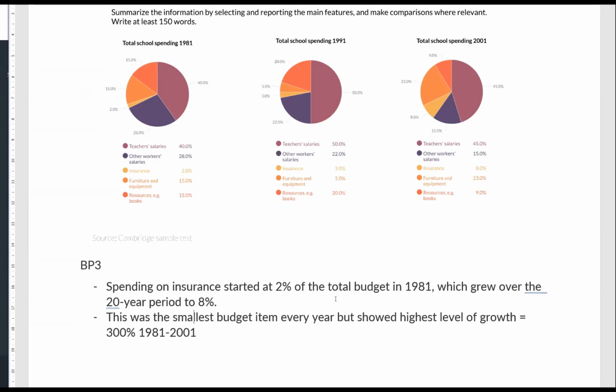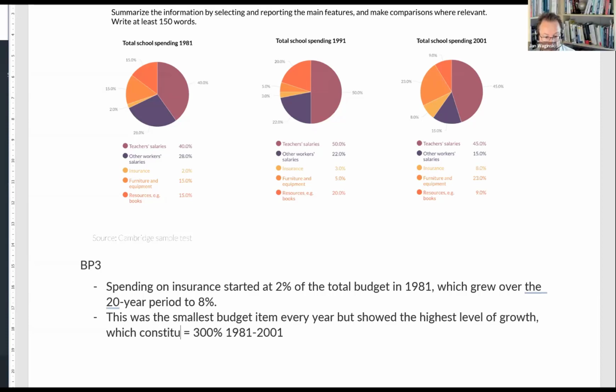Every year, shows the highest level of growth, which constitute 300% of 1981. 300%. We need a preposition. The high, yeah, which constitute 300%.